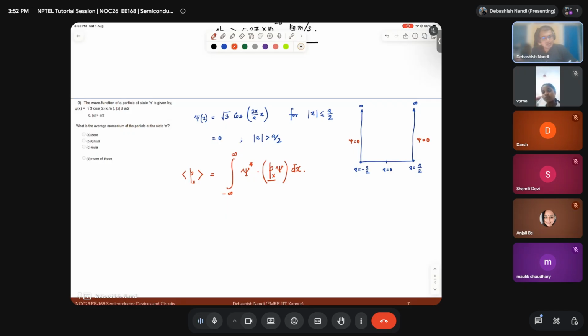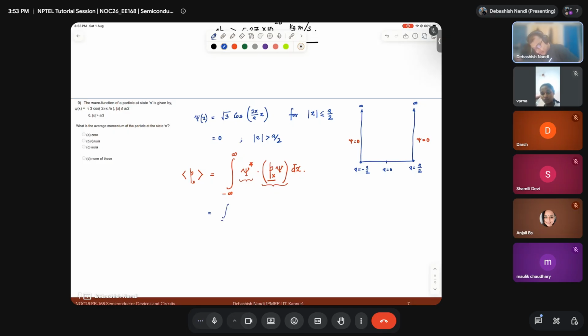So this is the equation that you will be using. Fine. So this is basically the complex conjugate of the wave function. This is a quantum mechanical operator operating on an eigenfunction, that is my wave function. Fine. So how will you do it?